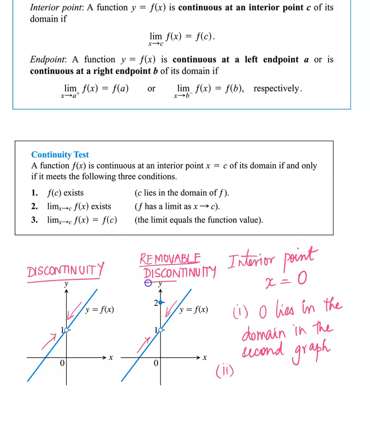Now, if you recall stuff you learned in intermediate algebra, when there is a hole, what we did was we used a piecewise function to fill that hole, cementing that gap by assigning another point for that hole so that the domain is continuous. So the second graph actually goes all the way from negative infinity to infinity.